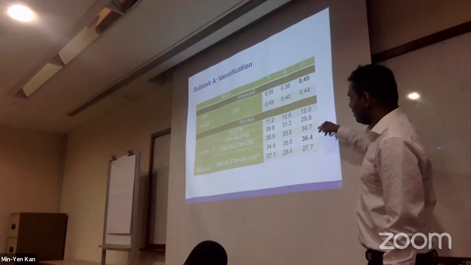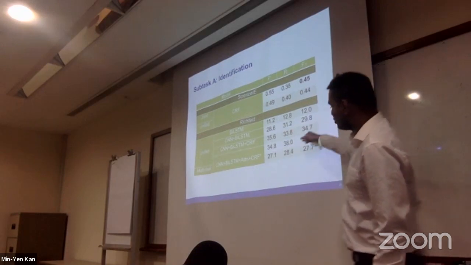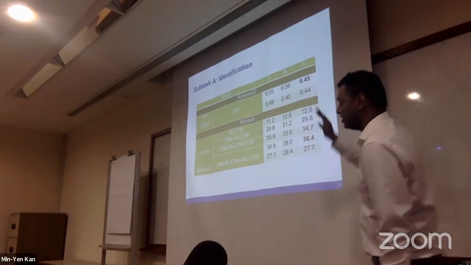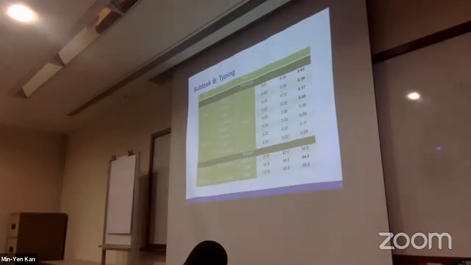We get much higher gain using attention. Anyway, the point is that the multitask model here shows lower performance, and in the other one not a lot of difference. Whereas in this one, multitask models show much lower performance.